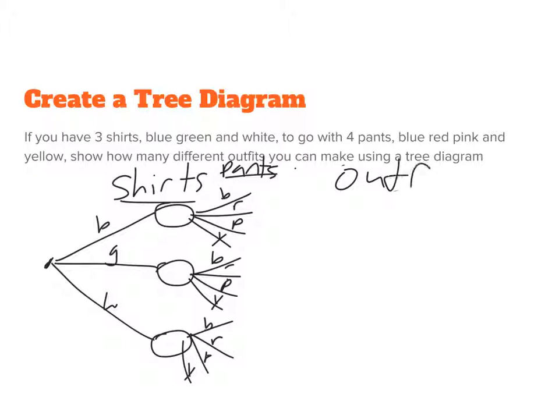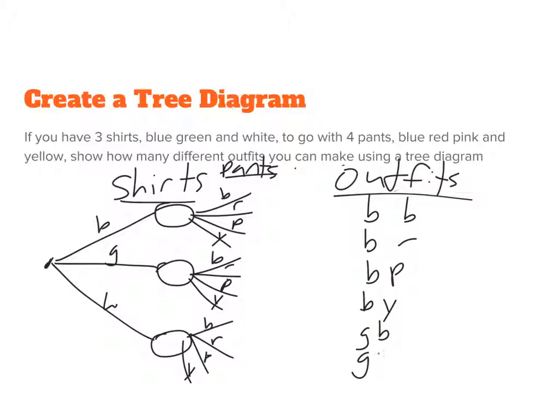So if we do outfits here, you'll notice we've got blue shirt with blue pants, red pants, pink pants, and yellow pants. We also have green shirt with blue pants, red pants, pink pants, and yellow pants.